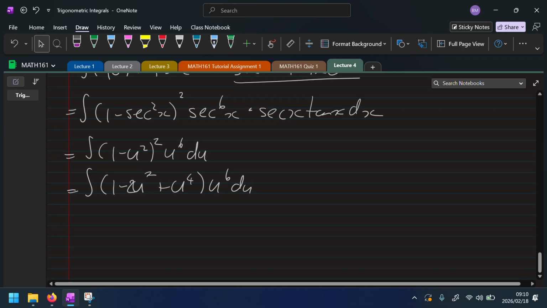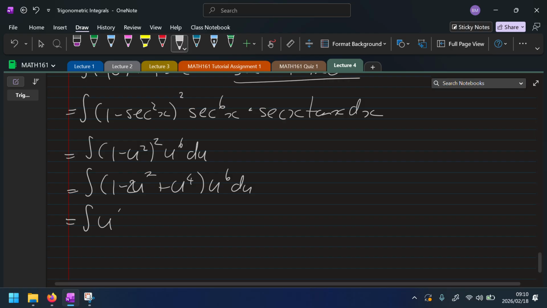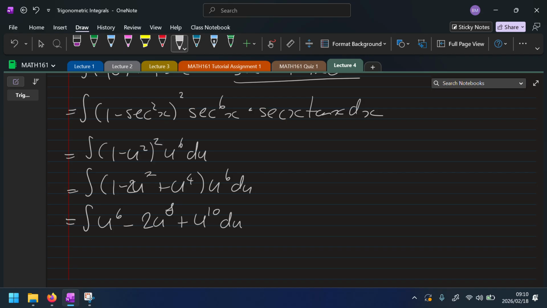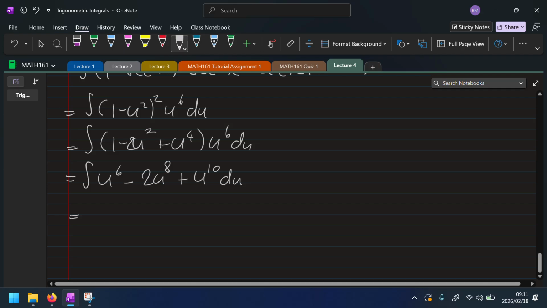Okay, then we can put the u to the 6 inside. Okay, so that's 8 there. Yeah, so now we can just use the power rule.